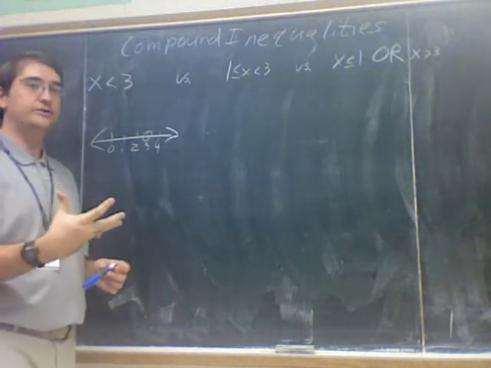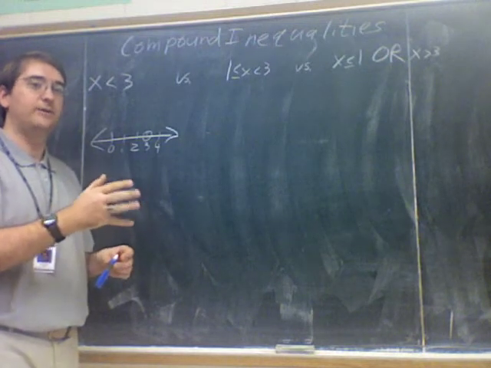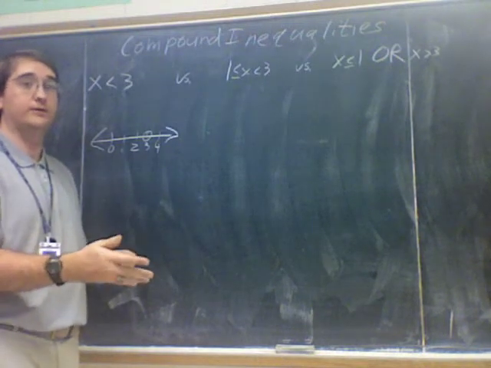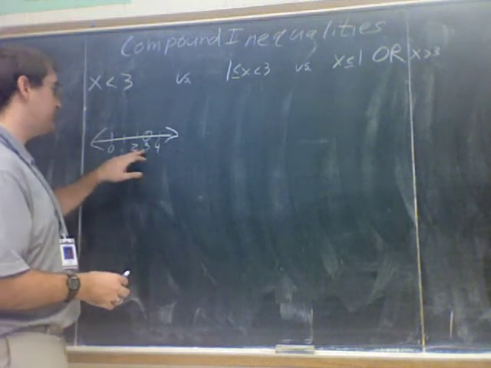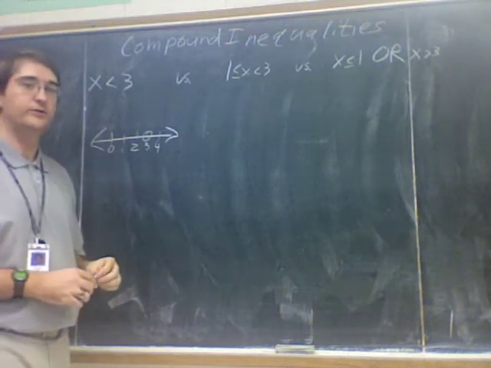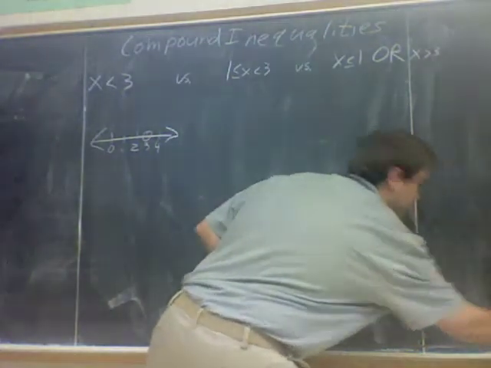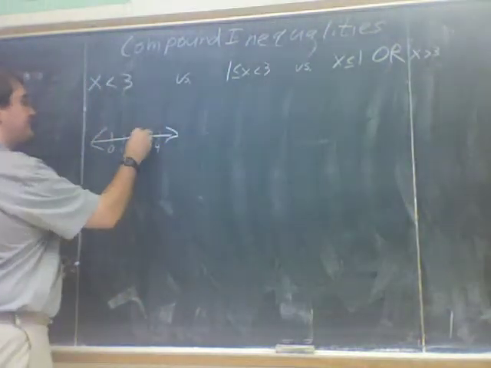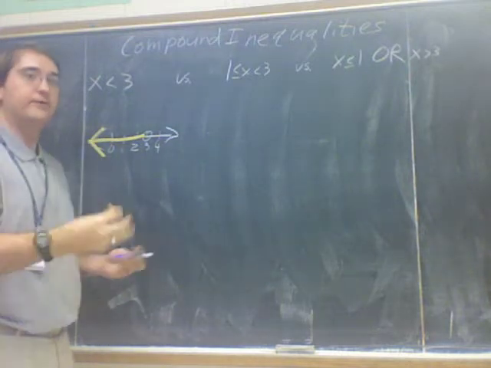The open circle indicates that we are not including the 3, but the 3 is that edge, the end point of the graph. And I want all values for x that are less than 3, so 2, 1, 0, and anything less than 0, and then any decimals between any of those are all less than 3. And so my graph, which I'll do in yellow here, will be to the left, and then an arrow showing that it's everything to the left.